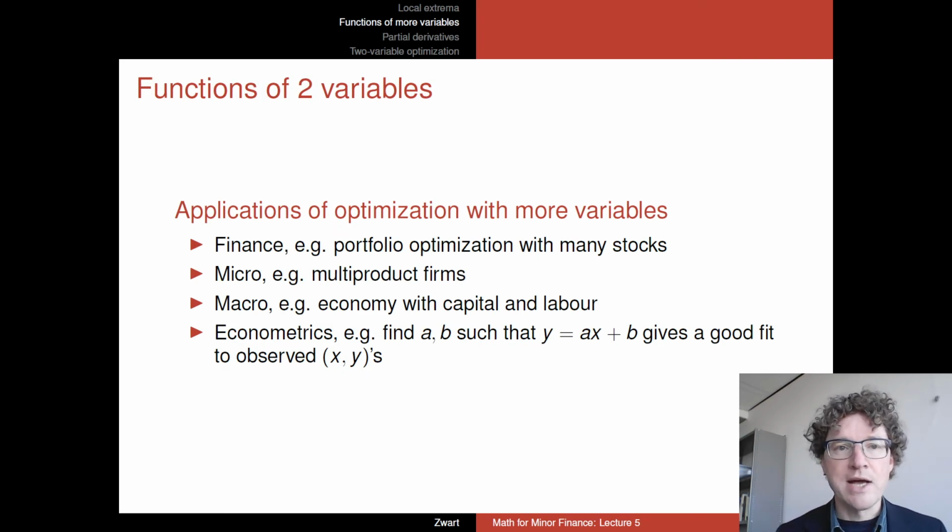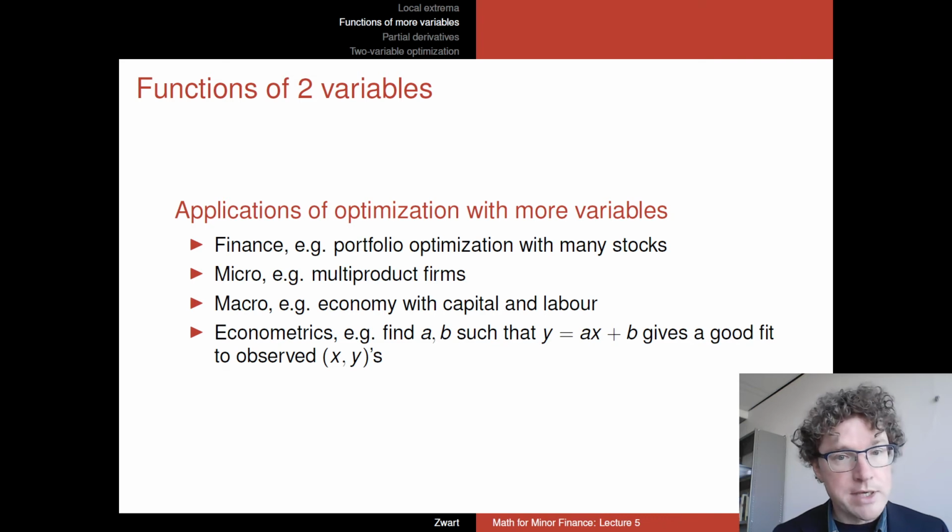So this is just one example, of course, of a function of more variables. The finance example I just did was portfolio optimization with many stocks. Many stocks, how should I minimize perhaps the variance, or how should I maximize return given a certain variance, those sort of questions.